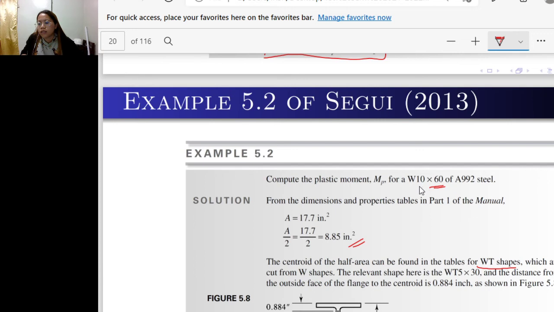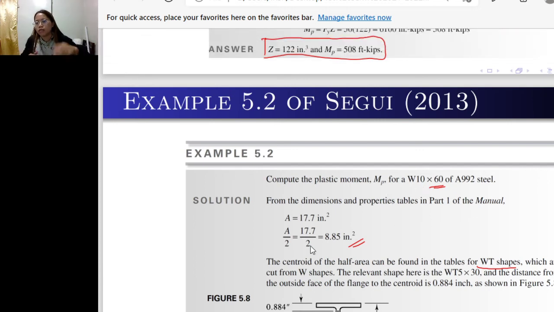Remember this 10 is the depth, and 60 is the weight.